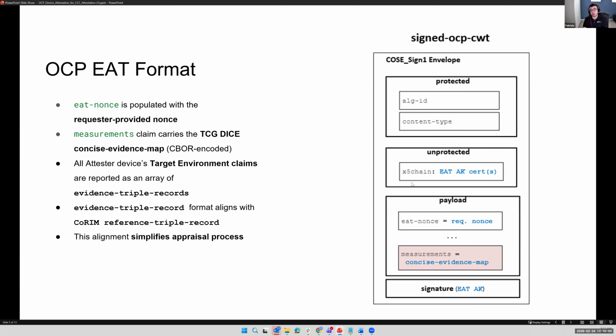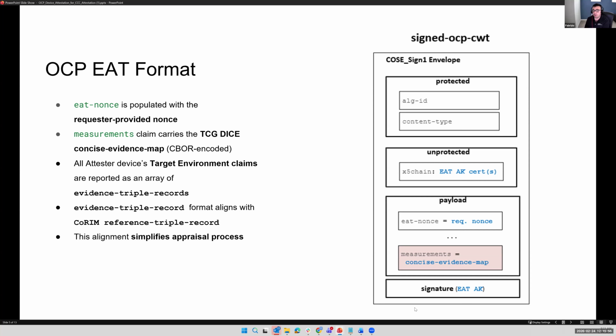Another thing we put into this EAT profile was a way to verify the signing key of the attestation token: including the certificate, at least the attesting certificate, though you can put more, in the unprotected portion of the COSE sign envelope. This gives a self-contained data structure, which includes not only the claim set of your attestation, which is part of the concise evidence, but also the certificate which signed it.